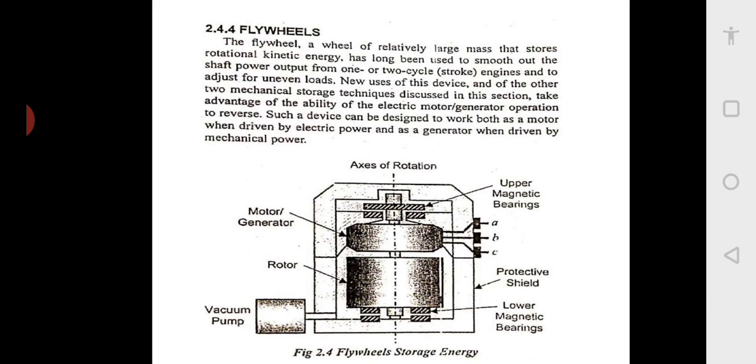I think you might have seen this mostly in engines, two-stroke engines, because the power is not developed at every rotation of the crankshaft. So energy is stored in the flywheel. Even in roadside sugarcane crushing, you have a small flywheel.